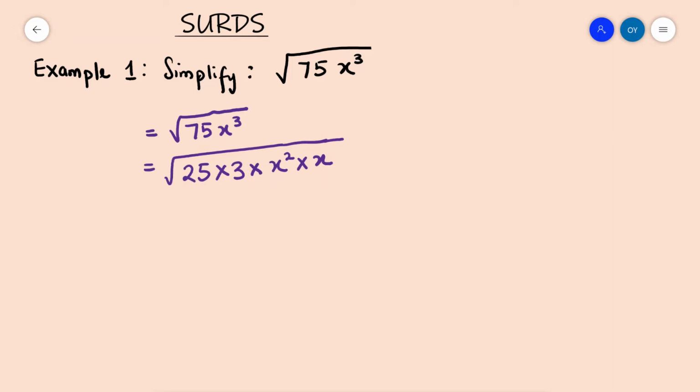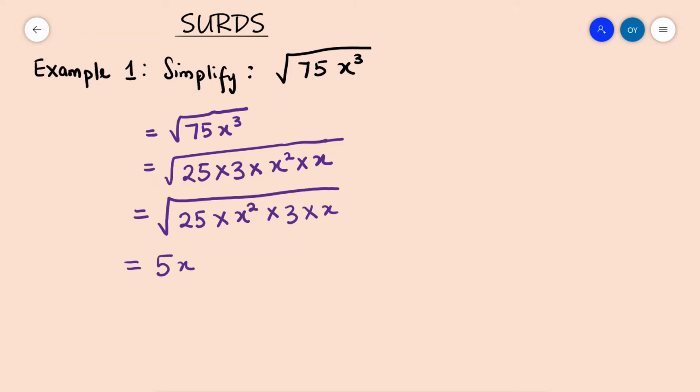Okay, so this becomes the square root of 25 multiplied by x squared, then multiplied by 3, then multiplied by x. So the square root of 25 is 5, and the square root of x squared is x.